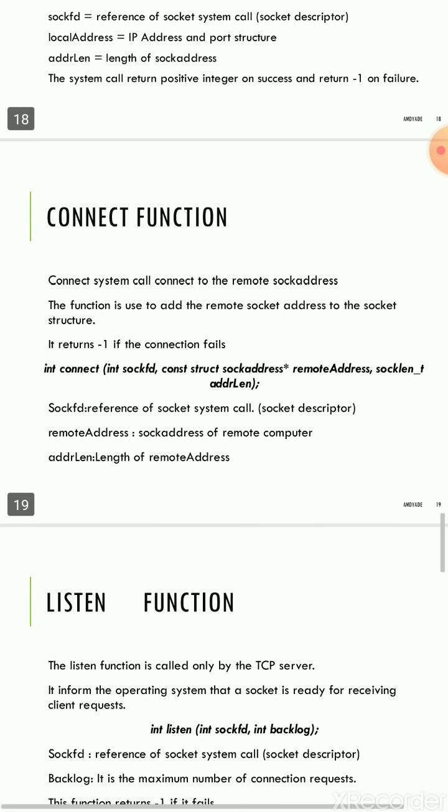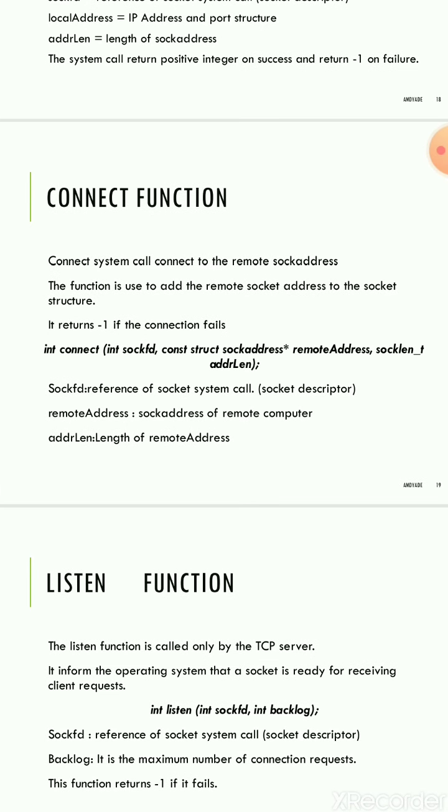Next, the connect function. It is a system call used to connect to the remote socket address. This function adds the remote socket address to the socket structure and returns -1 if the connection fails.